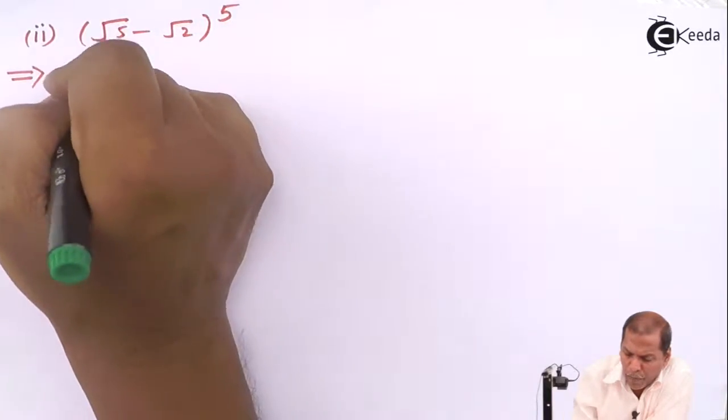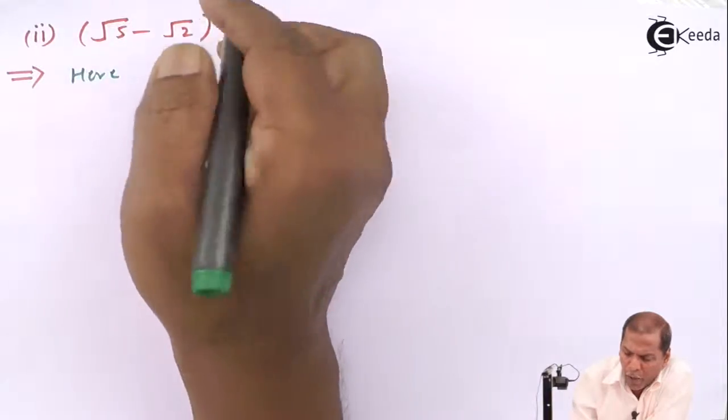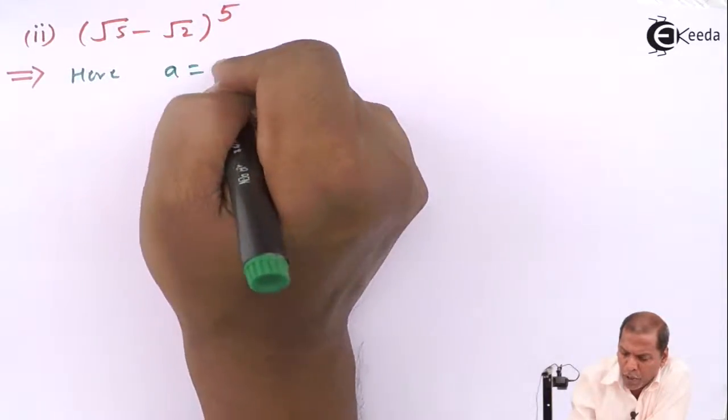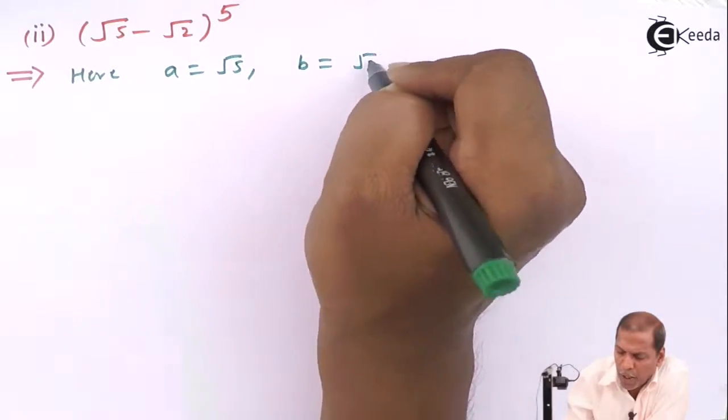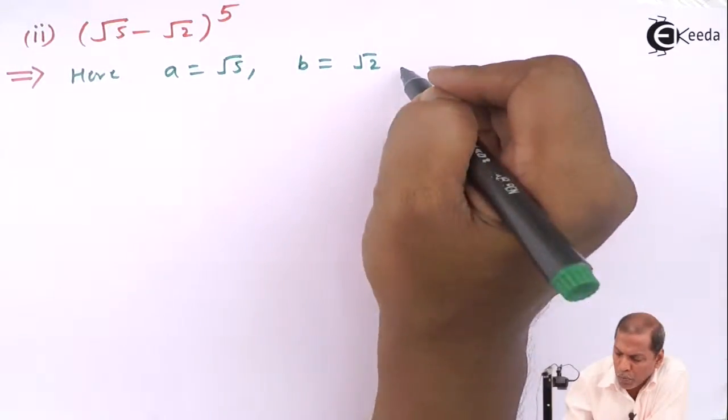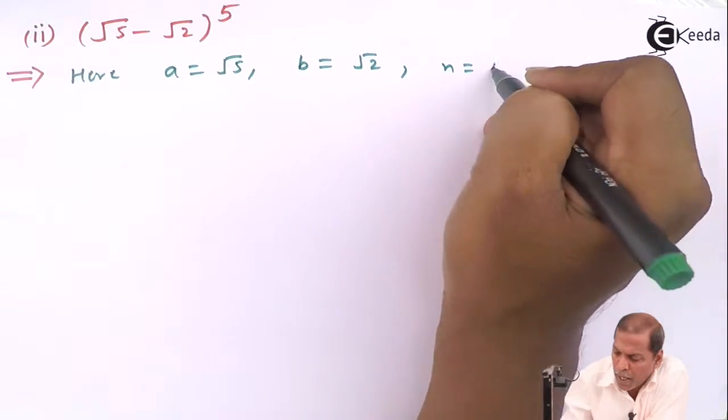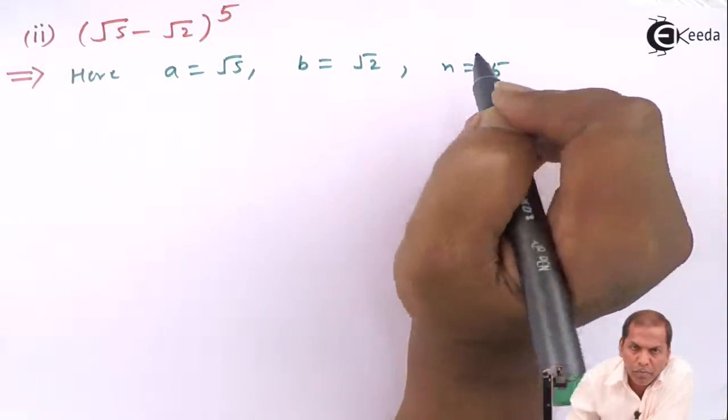So here we have a equal to root 5, b equal to root 2, and n equal to 5.